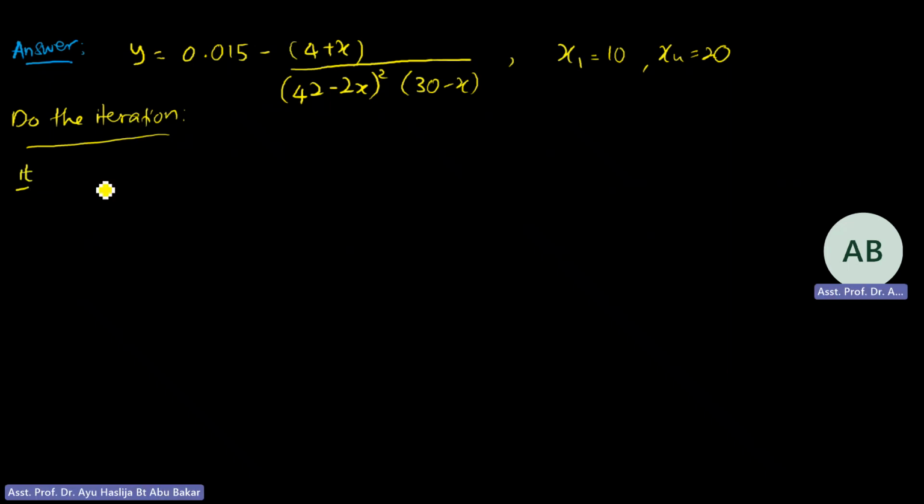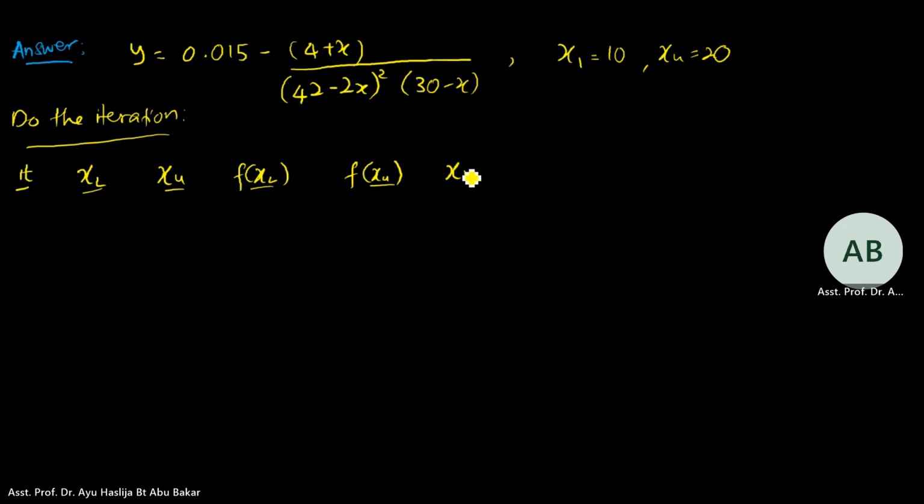Iteration, this is the one that you need the info: XL, XU, FXL, FXU, XR, FXR, then the EA in percent.